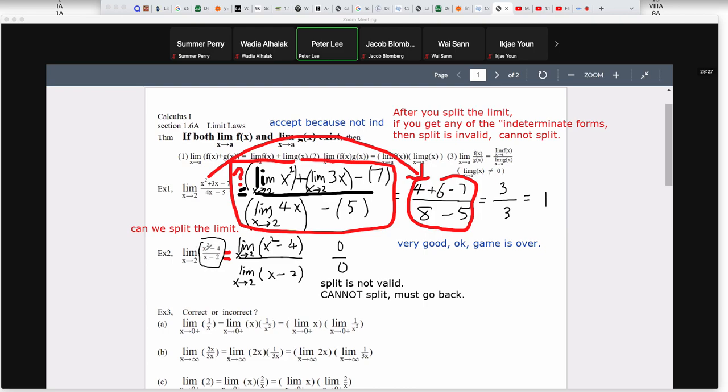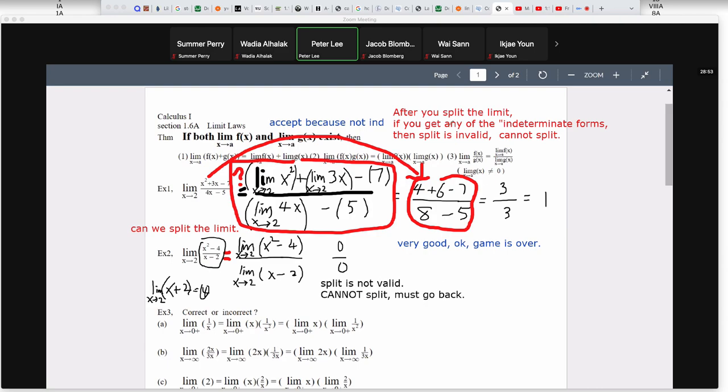So you go back to the numerator, x squared minus 4, and finally you get the limit of x plus 2. At that point, you don't get an indeterminate anymore, and x is approaching 2. Ultimately, 2 plus 2, the answer is 4. But what I'm saying is the split does not work here.